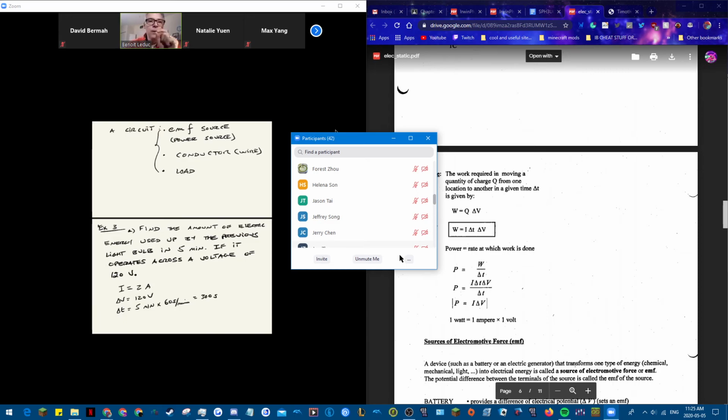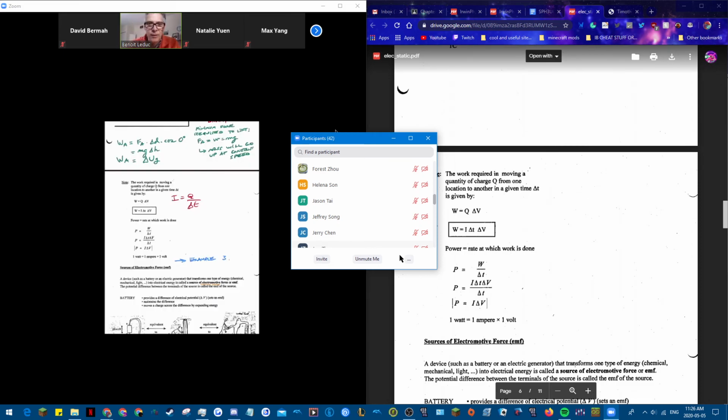Whenever they say electrical energy being used up, or electrical energy being generated by a source, they mean really the work. They are interchangeable here in this case. I repeat, they are interchangeable.